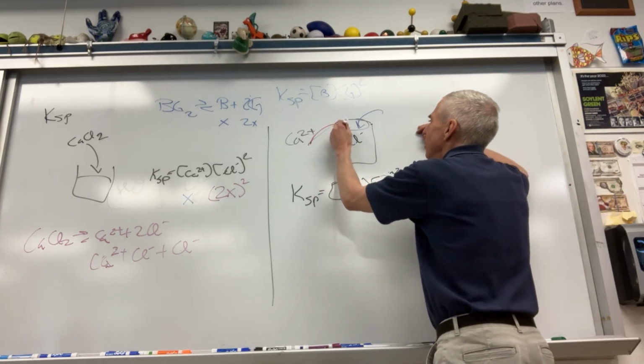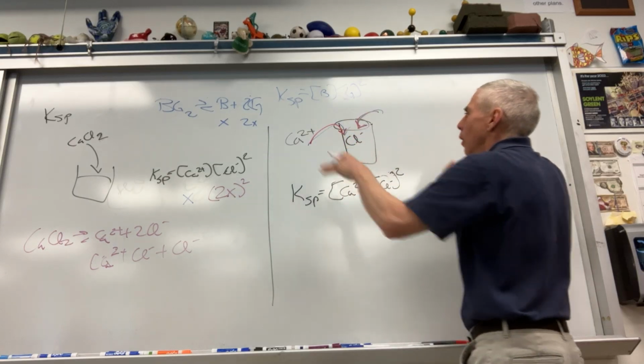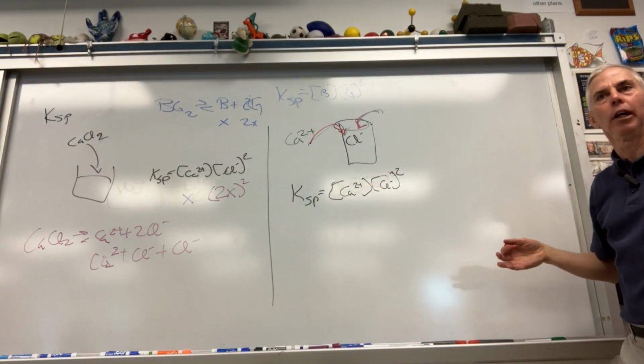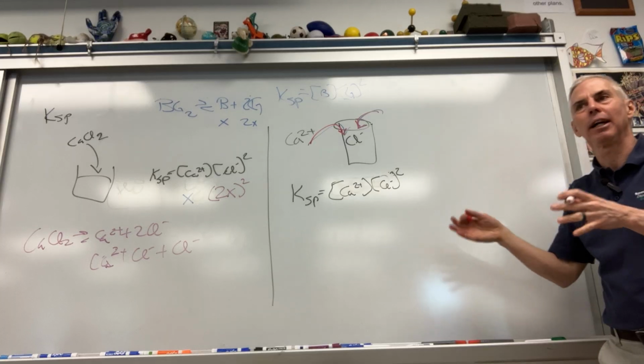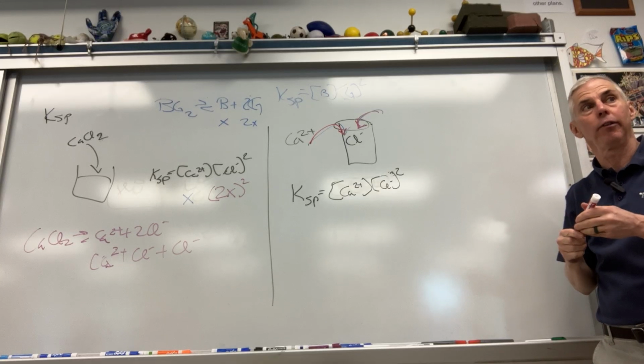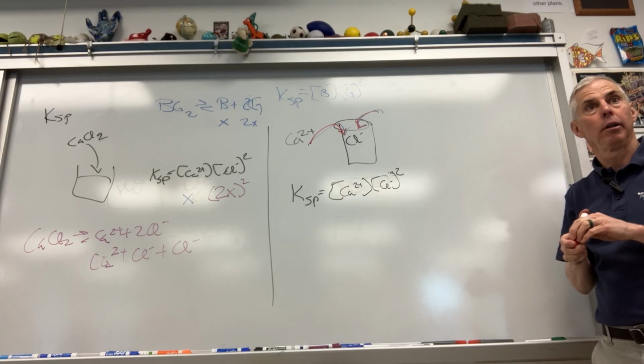So the amount of calcium and the amount of chlorine that go in are totally independent of each other. So it's not an X and 2X relationship. Do you see the difference? Everybody good?